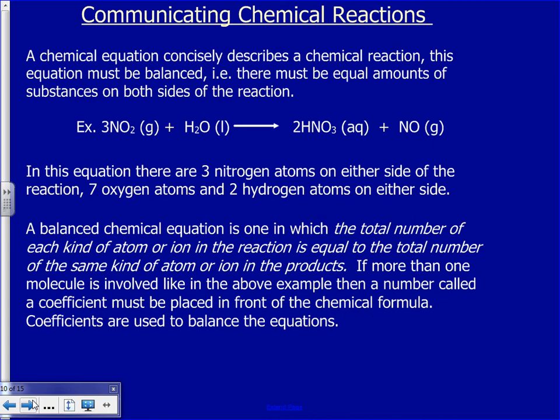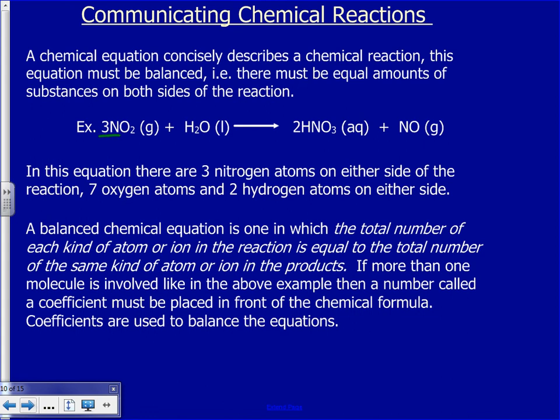When we communicate a chemical reaction, and this is what we've been doing on every one of the examples, we've been making sure that there's the same number of everything on both sides. We've been balancing the chemical reaction, making sure we obey the law of conservation of matter. So in this equation, there are 3 nitrogen atoms on each side.